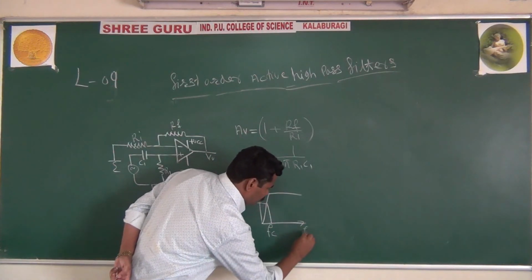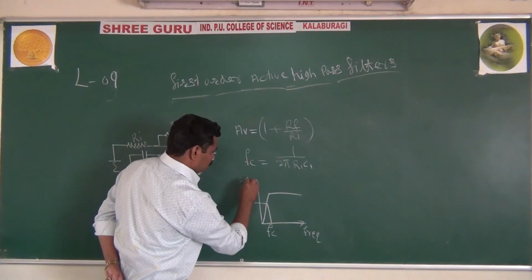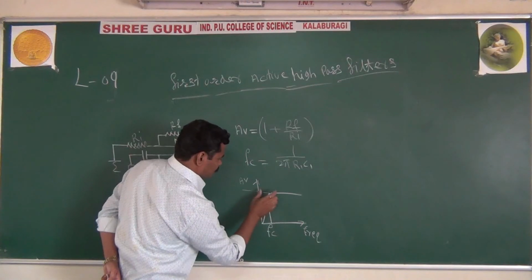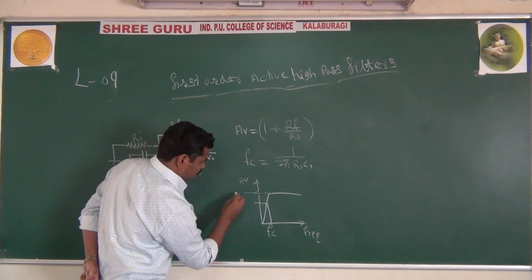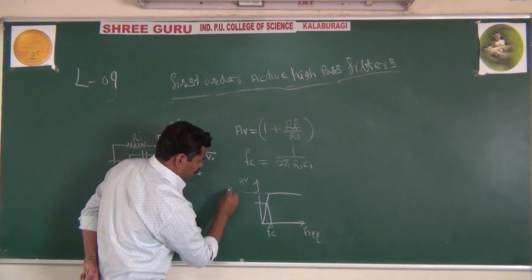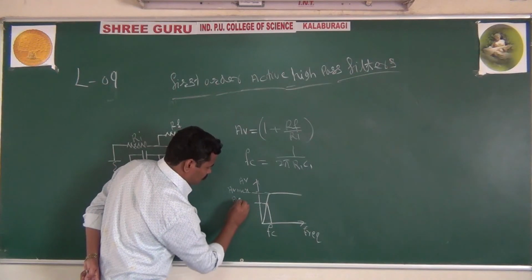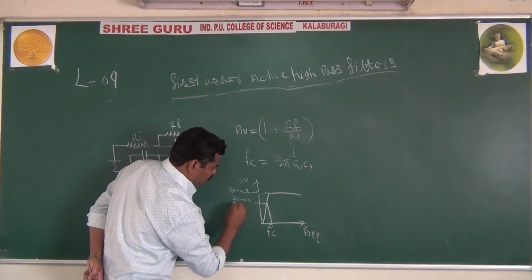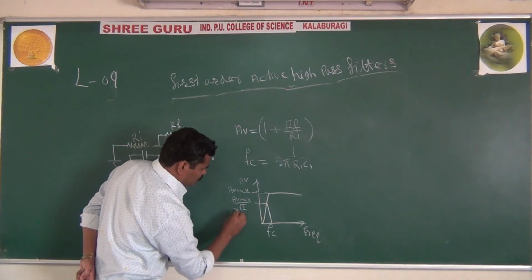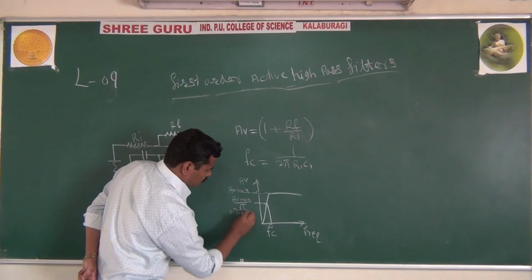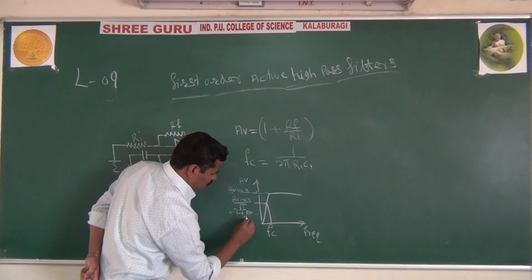This is frequency, this is your AV, this is AV maximum, and this is 0.7 times the AV maximum.